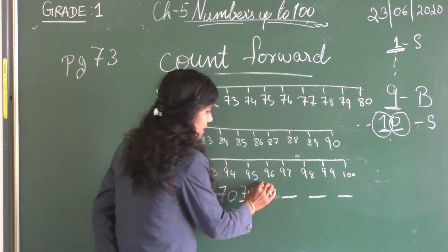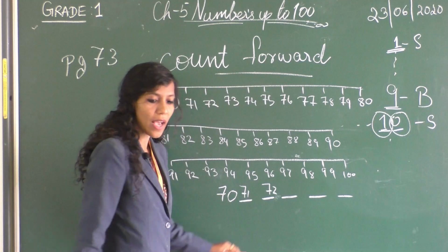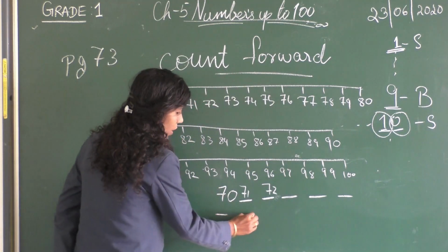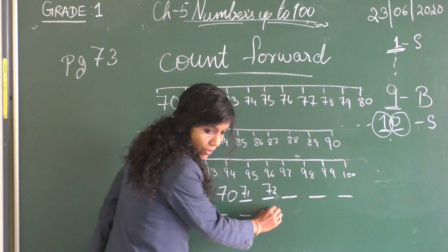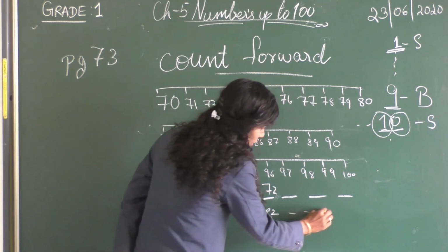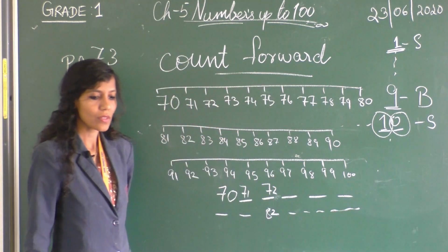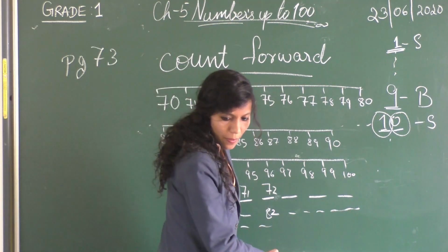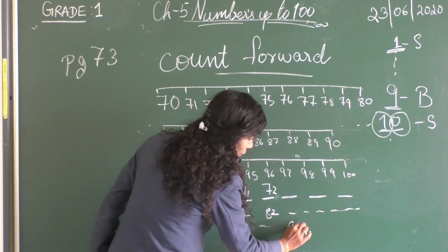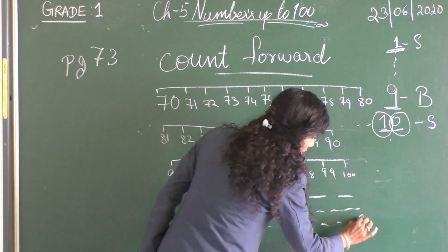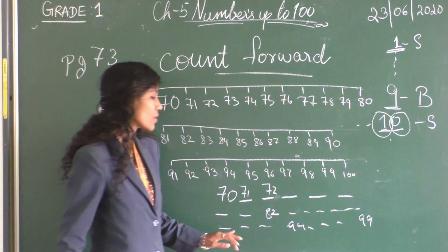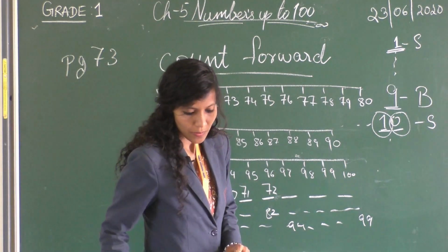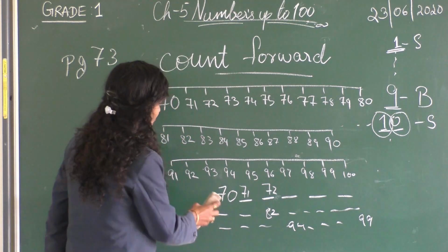Next, 72. Similarly, you have to fill this line. The second line is also the same. You have 82. So you have to fill all this, 94 till 99. This will be your classwork. Finish this up. Next we will be going to backward counting.